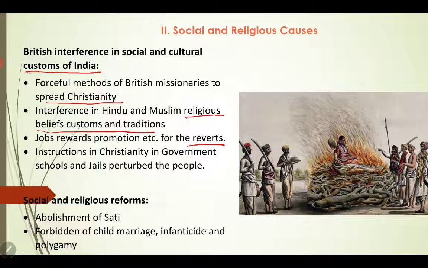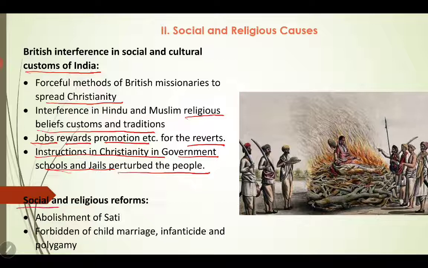A new revert was given job opportunities, rewards, promotion, etc. And not only this, they also started to give instructions in Christianity in government schools and jails. This disturbed people and created hatred towards the Britishers. And the Bible was one of the subjects during these times.